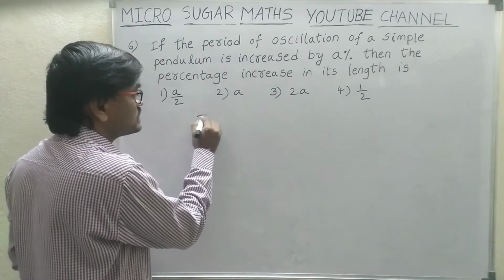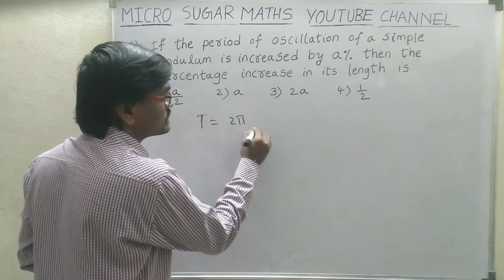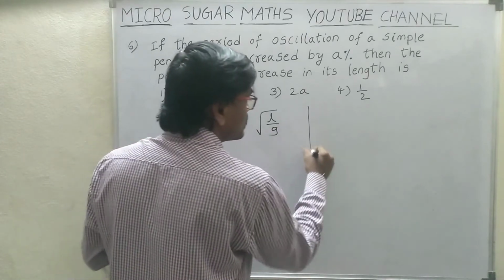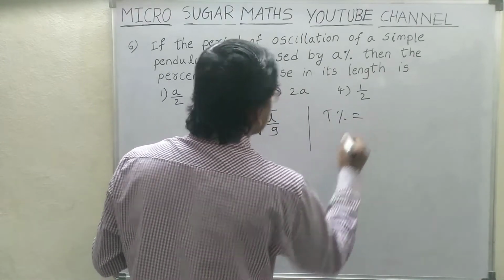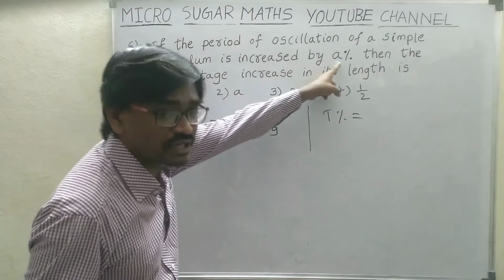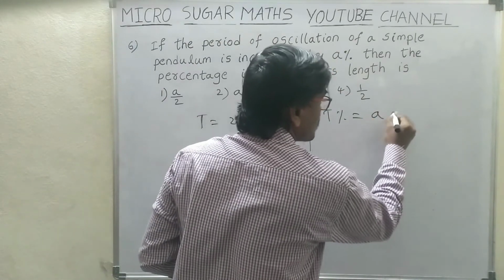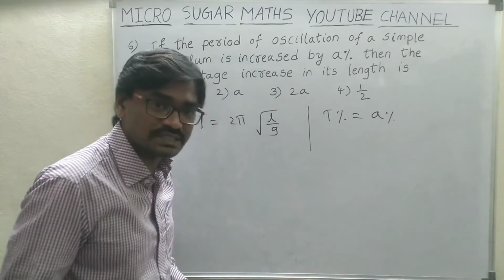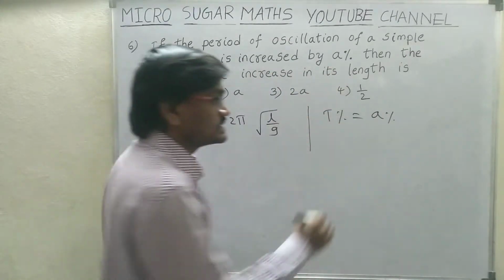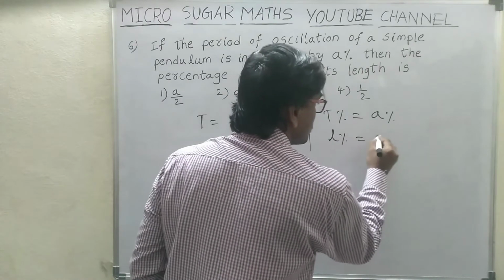It is T is equal to 2 pi square root of L by g. Students, it is given that the time period percentage is given as a percentage. Next we need length percentage, means L percentage we require.